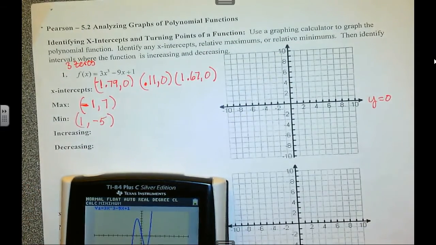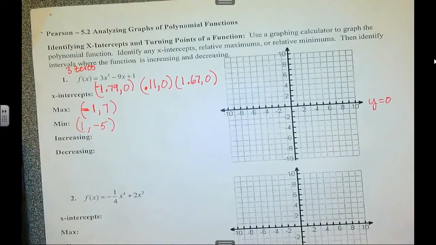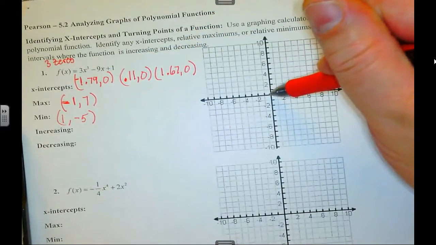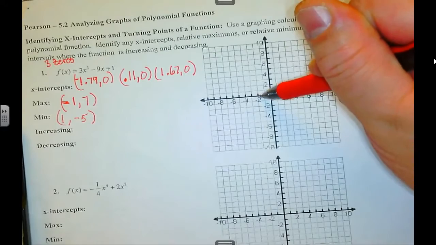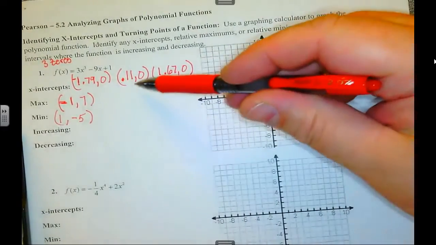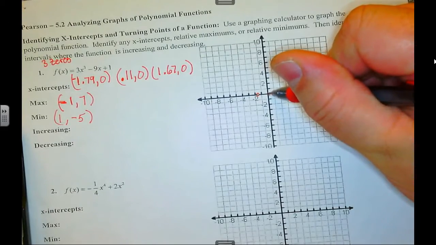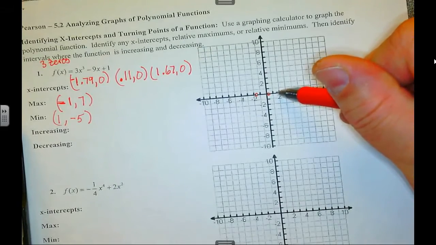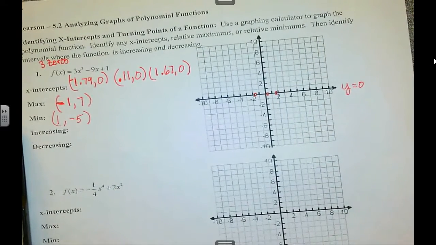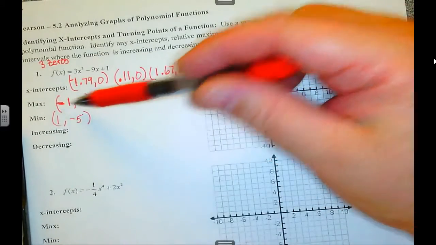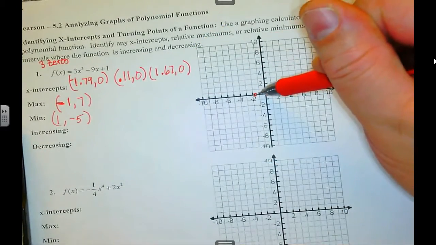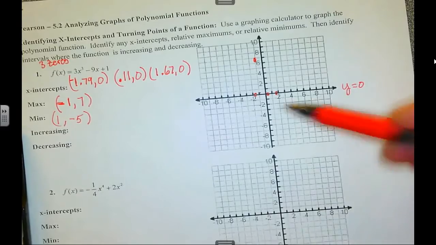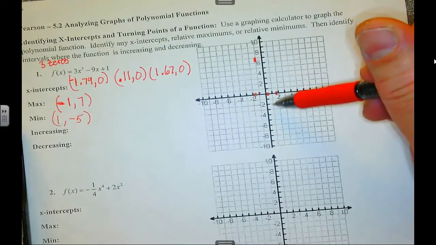Okay, so let's go ahead and draw this graph. I have my x-intercepts at -1.8. So here's -1.8 right about there. 0.10, right about there. And 1.67, so it's 1 2/3, right about there. My maximum's at -1, 7 and my minimum is at 1, -5.